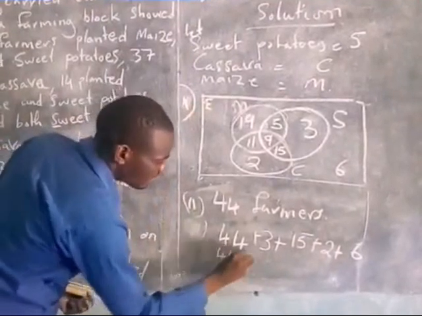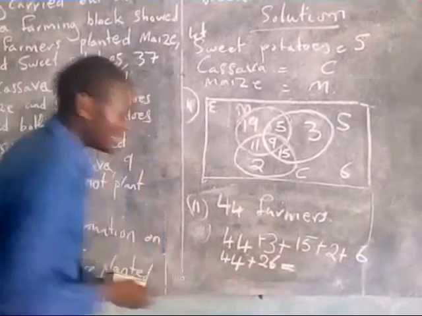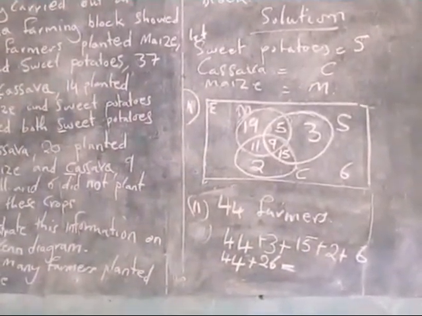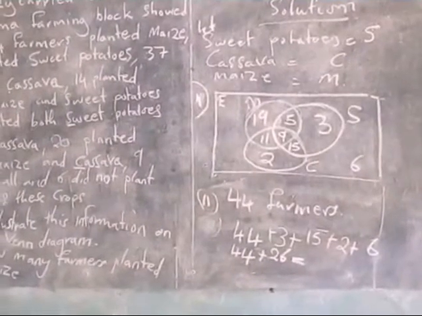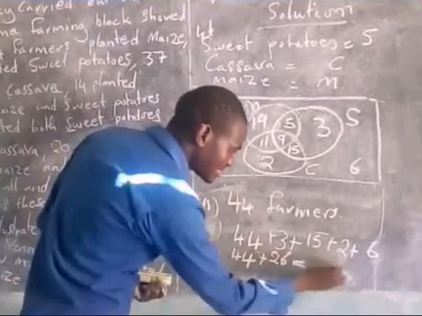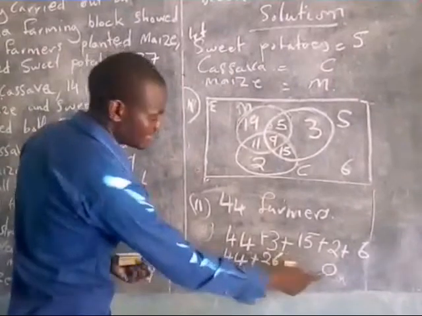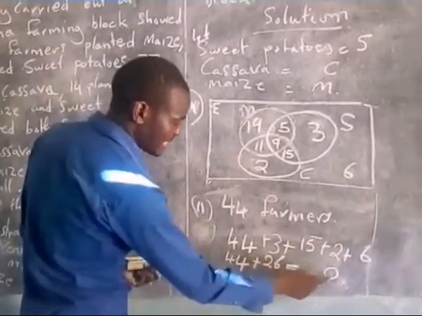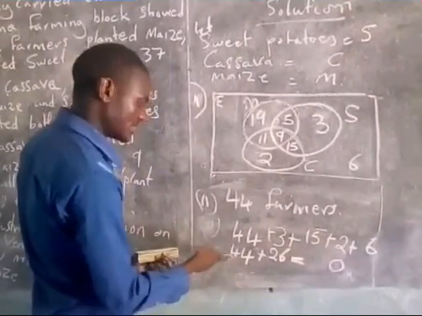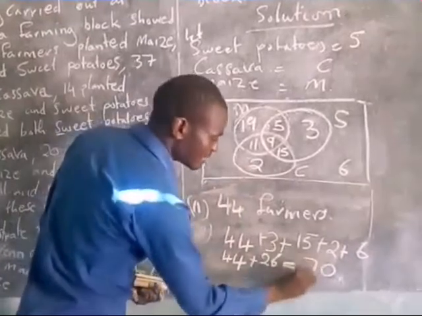So 44 plus 26. Okay? Let's add it. 44 plus 26. If you add 4 plus 6, that is 10. So 0, carry 1. 2 plus 4 is 6, plus 1 remainder is 7.